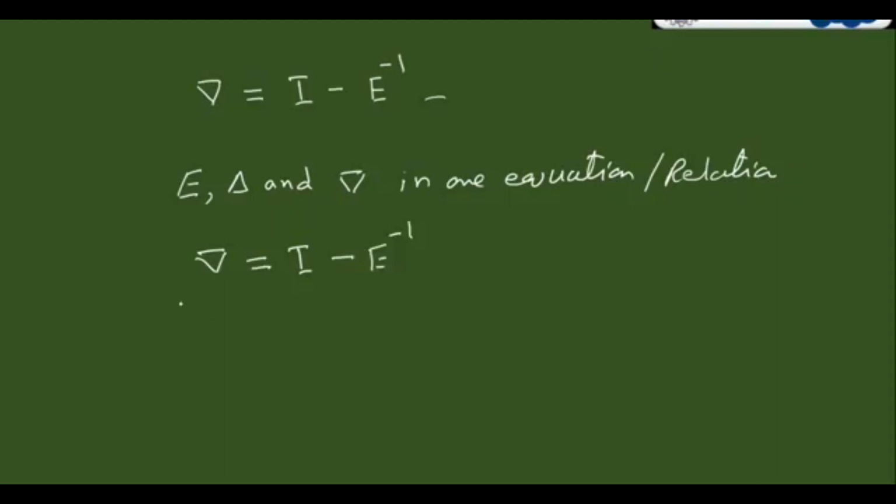Operate with the E forward shift operator. Operate with E. So I have to apply E on both sides. E of I minus E inverse, because it is a linear operator.